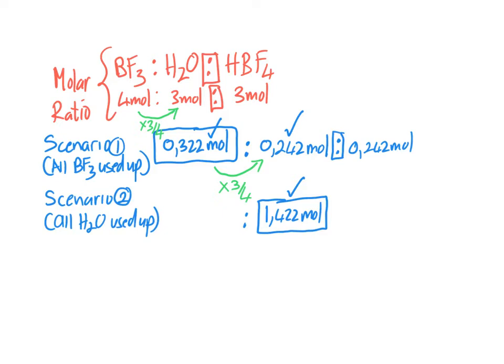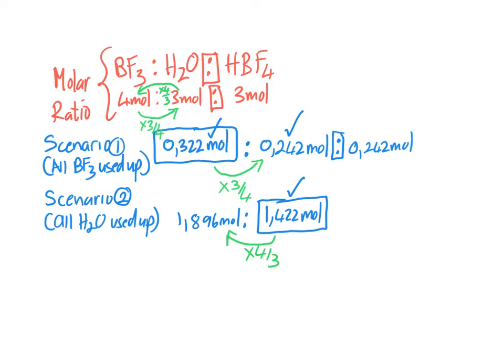So to go from water to BF3, we are going to multiply by 4 and divide by 3, because 3 times 4/3 gives us 4 moles. So multiplying by 4/3, 1,422 times 4/3 gives us 1,896 moles of boron fluoride that would be required to react fully with 1,422 moles of water.